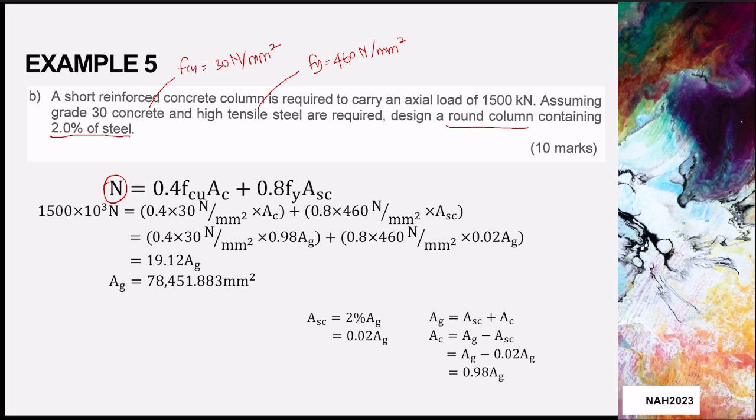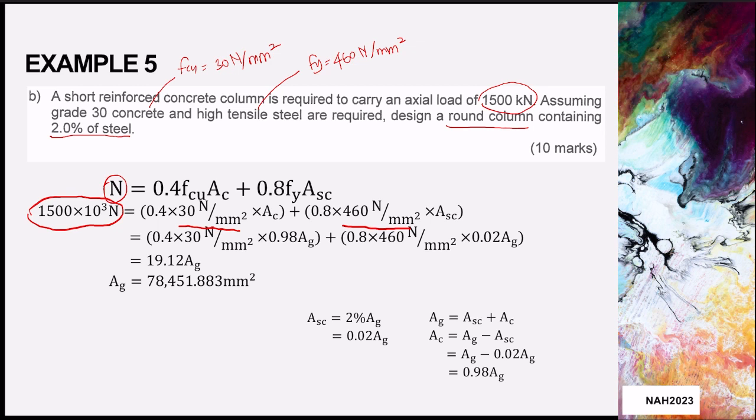Using the same formula, which is N = 0.4 FCU AC plus 0.8 FY ASC. The value of N, we have it already, which is 1,500 kilonewton. However, you need to convert it into Newton, ya, sebab value yang lain-lain ni seperti the concrete grade, the steel reinforcement strength, semua dalam Newton over mm square.